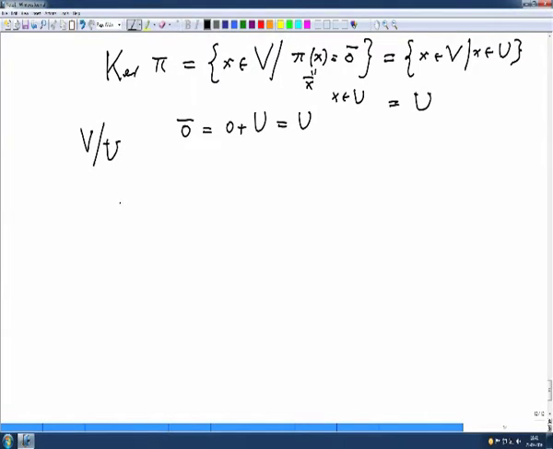Now I want to apply the rank theorem. Rank theorem says the dimension of, I want to apply the rank theorem to this map pi from V to V by U. For this I am assuming V is finite dimensional.